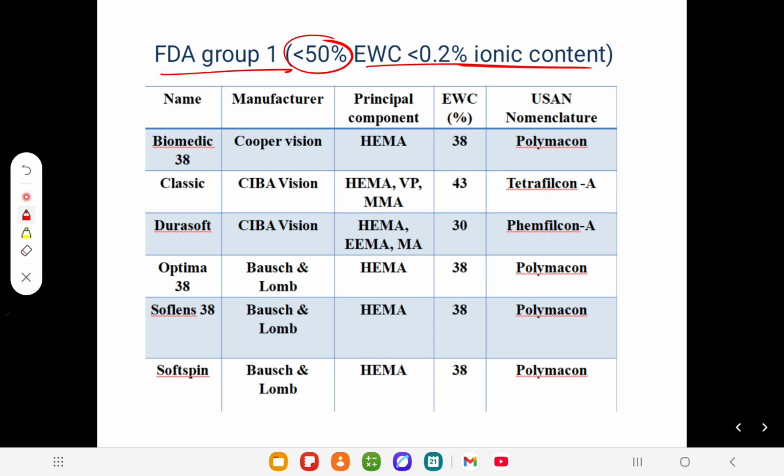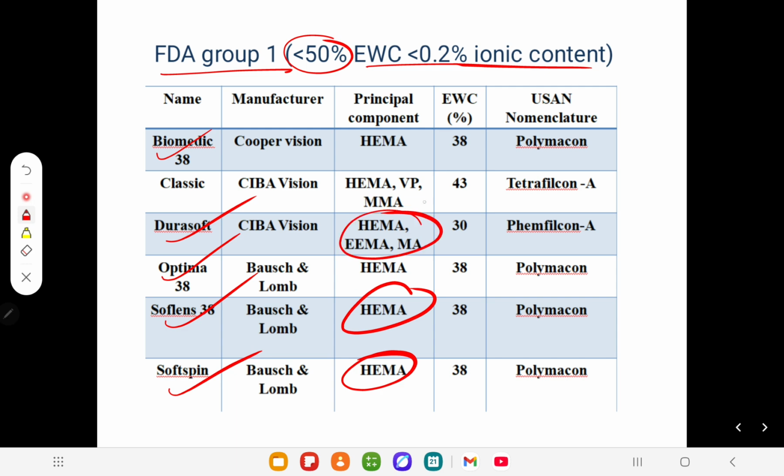In the case of group 1, there are materials like Biomed, Optima, Durasoft, Softlens 38, Softmate. What is the content? HEMA plus MA, EMA, and all these things. Water content 38%, 48%. Just see these things. The USAN nomenclature is polymacon, tetrafilcon, and all these things.